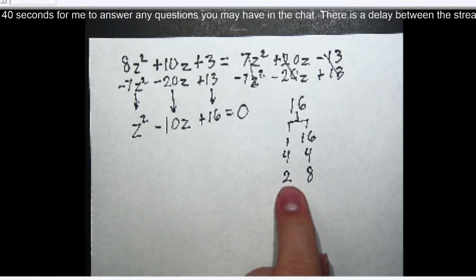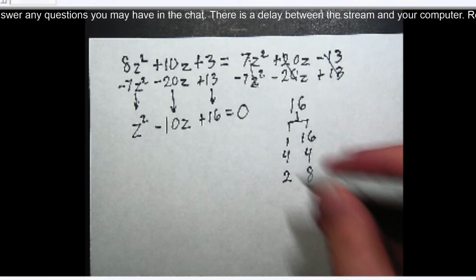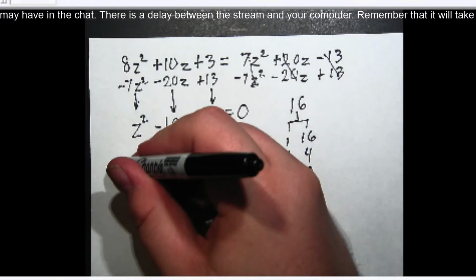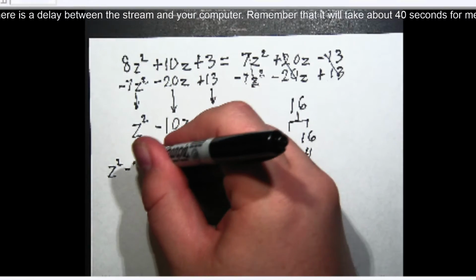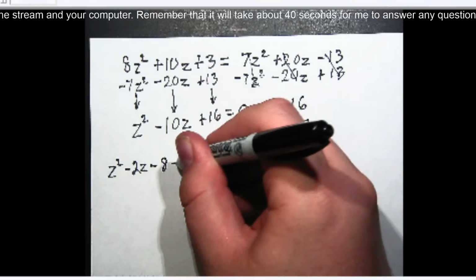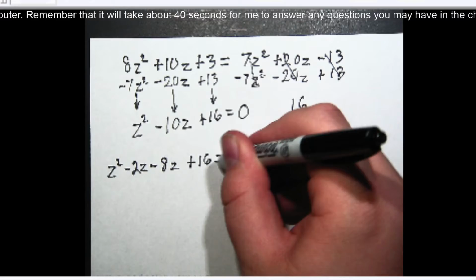Well, if I make this negative 2 and negative 8, negative 2 plus negative 8 is negative 10. So I'll rewrite this now. This is now z squared minus 2z minus 8z plus 16 equals 0.